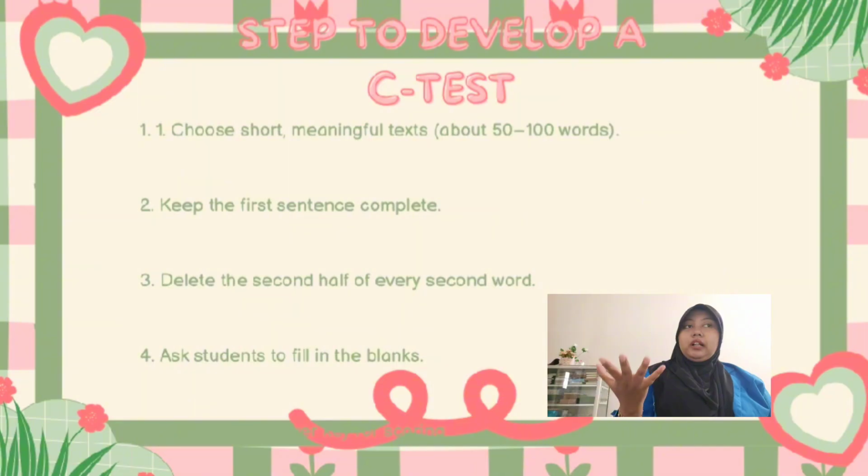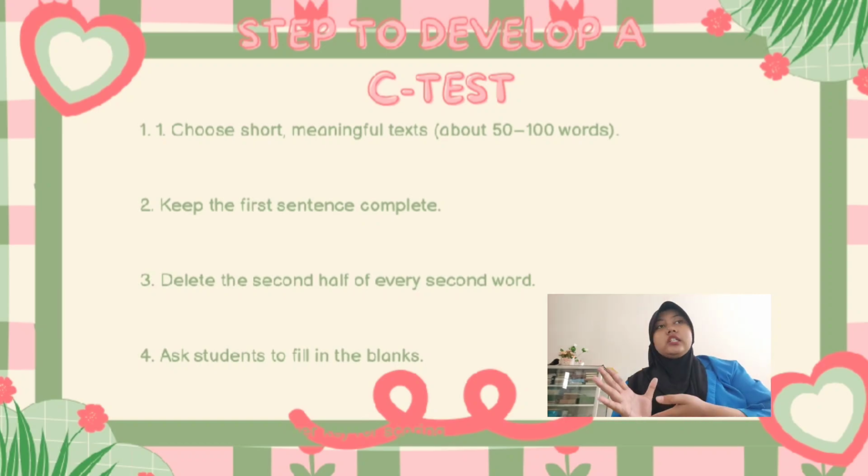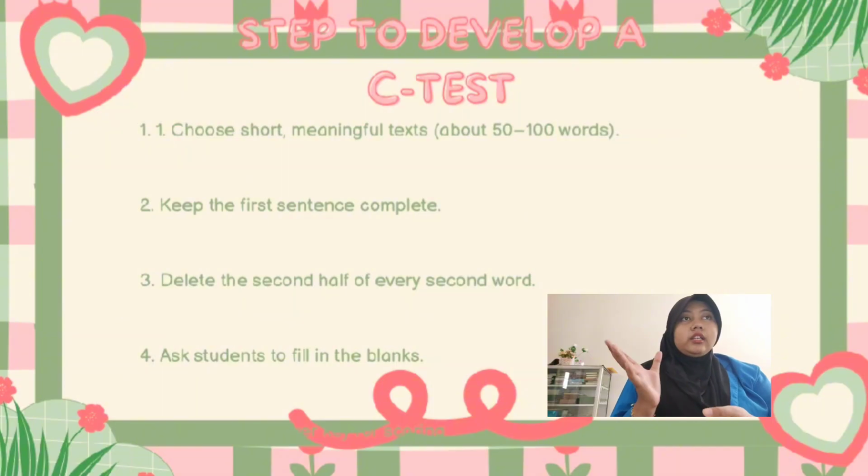For example, "important" becomes "im." The student task is to fill in the blanks, reconstructing the missing parts of words. These steps follow the standard C-test construction method, ensuring both fairness and consistency in the task creation.